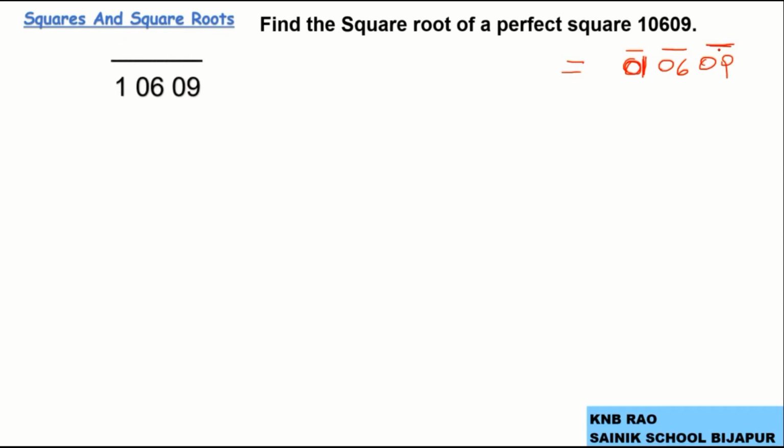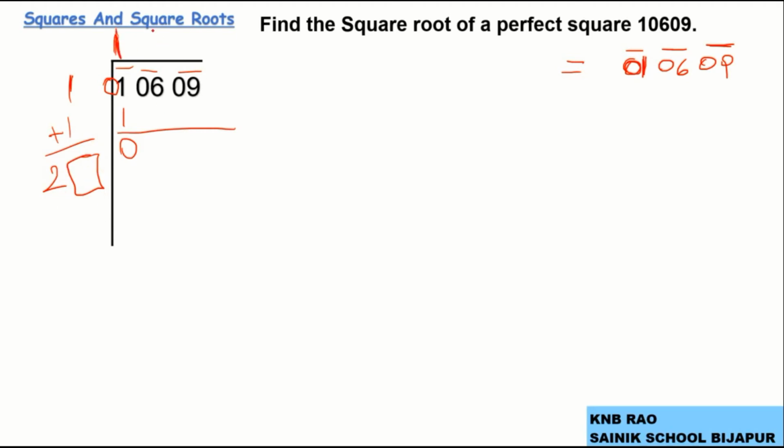That is what we are going to do. Write the number and make the pairs. After making the pairs, choose the number. Here straight away 1 1s are 1 and 0. So 1 added to 1 gives 2. So it's a number with the tens place as 2. The possible numbers are 20 to 29.